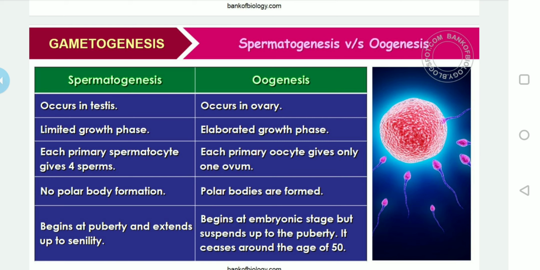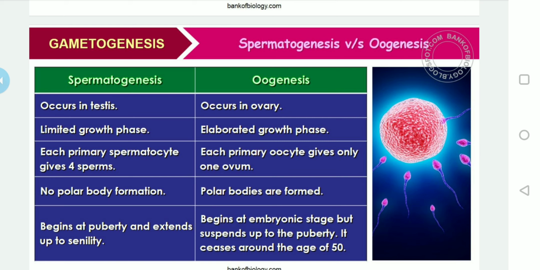Fertilized cells are associated with spermatogenesis, isn't it? But in oogenesis, the fertilized cells are not associated. Then it is a limited growth phase during spermatogenesis. What about oogenesis? It is an elaborated growth phase.